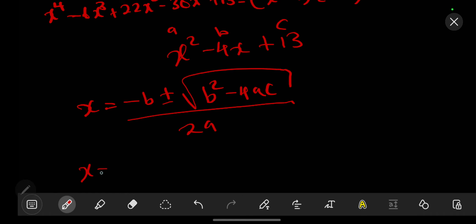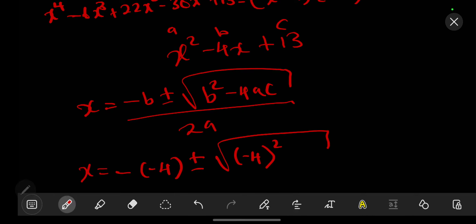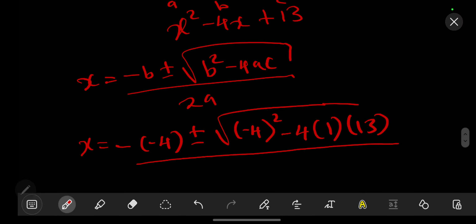So we have x is equal to negative b, where b is negative 4, plus or minus the square root of b squared, which is negative 4 squared, minus 4ac, where a is equal to 1 and c is equal to 13. Then we divide over 2a, where a is equal to 1.